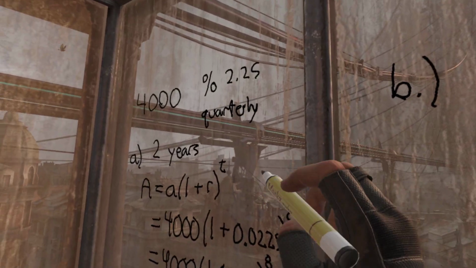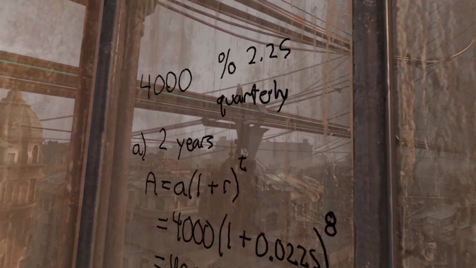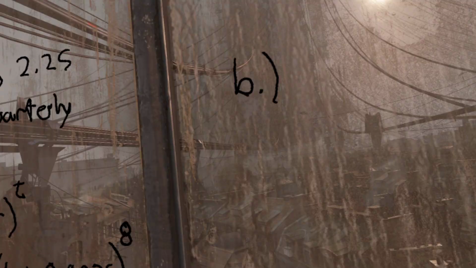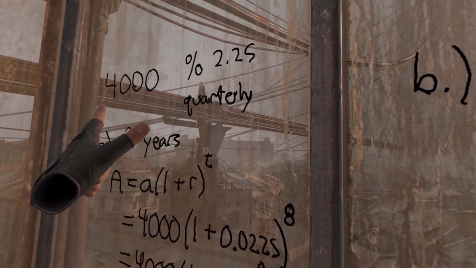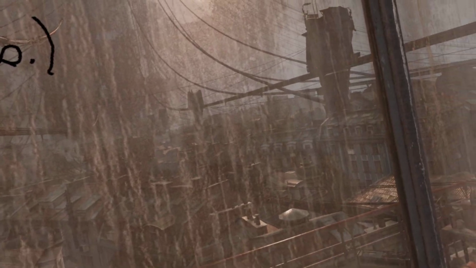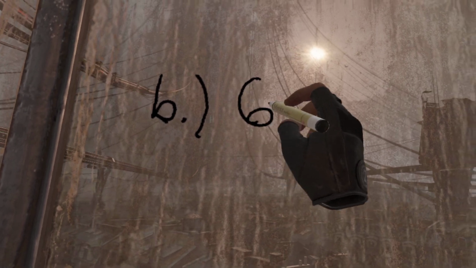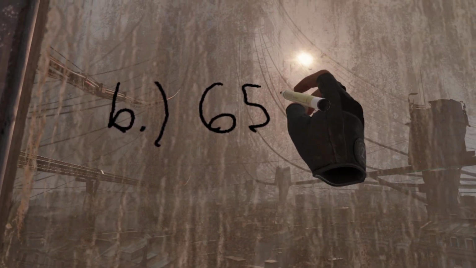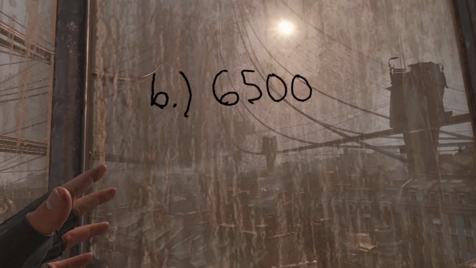What if we change the question to, instead of giving you a time of 2 years, let's say that we want a specific amount. Let's say that I intend to just leave this money in this account until I have, let's say, how long would it take me to get $6,500?